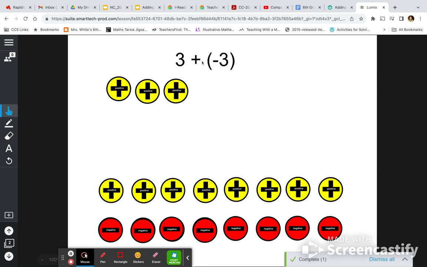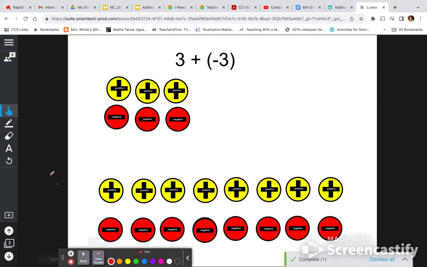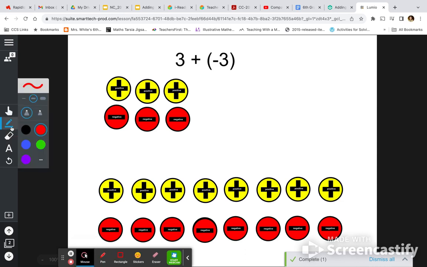Now we're going to add, so we're going to combine that -3. That means we're going to get 3 of the negative chips, and I'm going to put that right below our first number. You may know what happens when a positive and a negative come together. What happens?